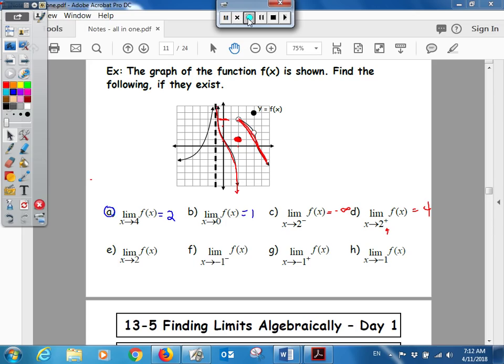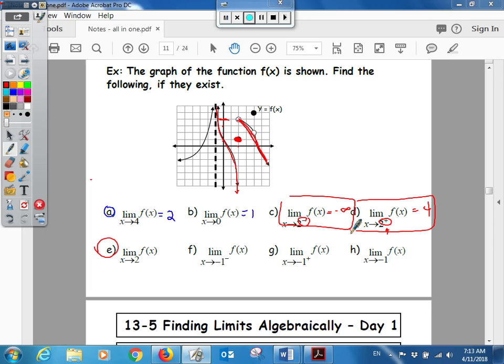So the limit as x approaches 2 from the right is equal to 4. On E, the limit as x approaches 2, because there's not a right or a left, we're talking about the full limit. In that case, the limit from the left would have to be equal to the limit from the right in order for the full limit to exist.